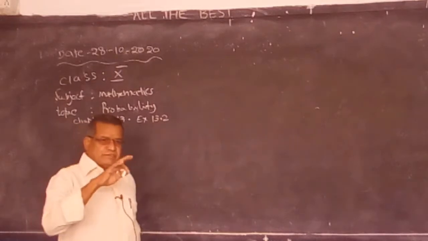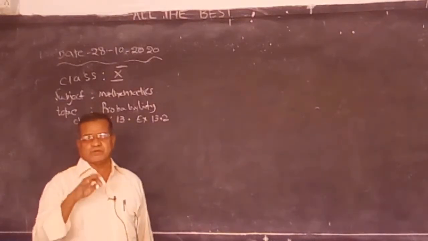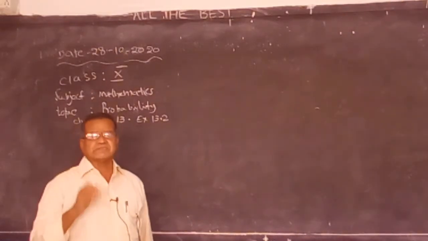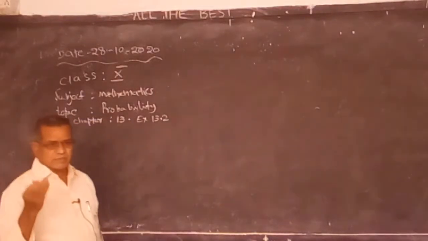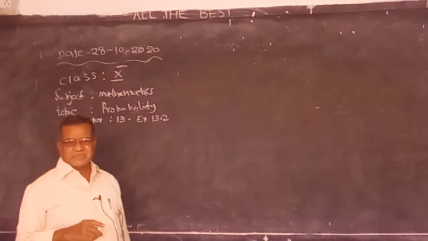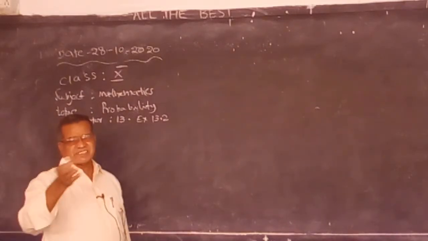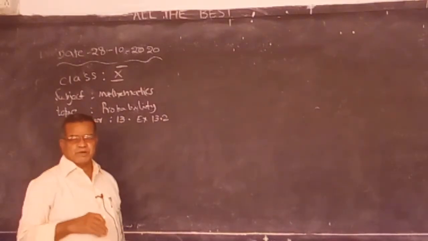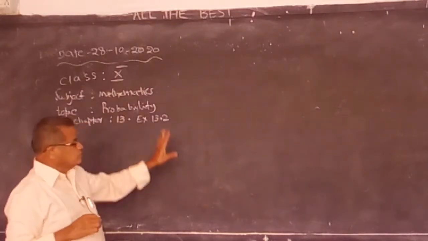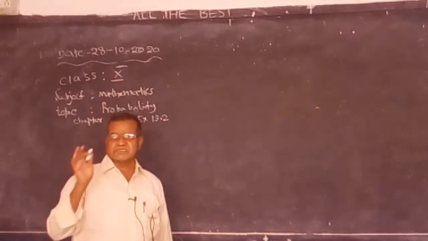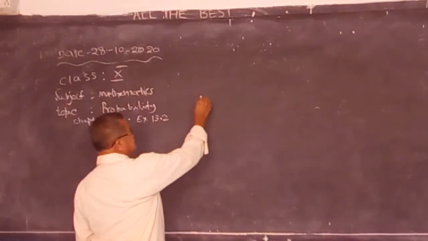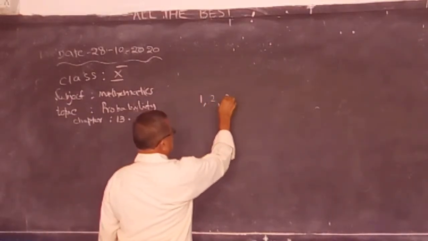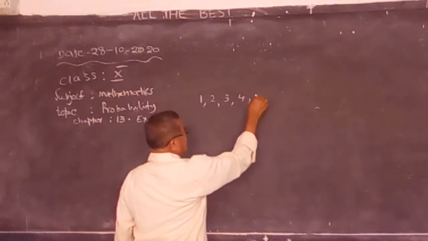Since these are natural numbers, some are odd, some are even, some are prime, some are composite. We will ask questions like this. Possible outcomes are 6.